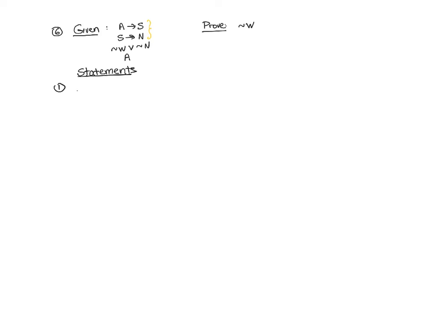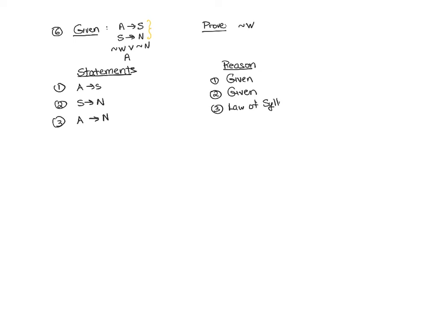One. So if A then S, and if S then N, reason, these are all given. Three. All right, then we conclude if A then N by the law of syllogism, using steps 1 and 2.